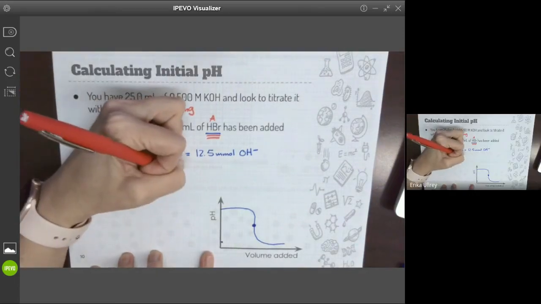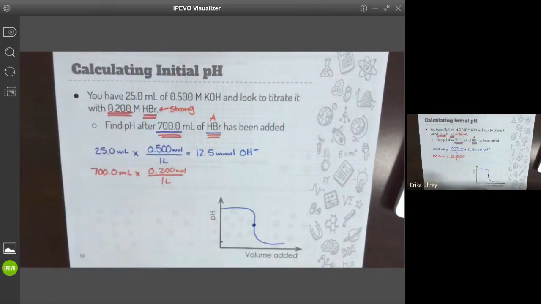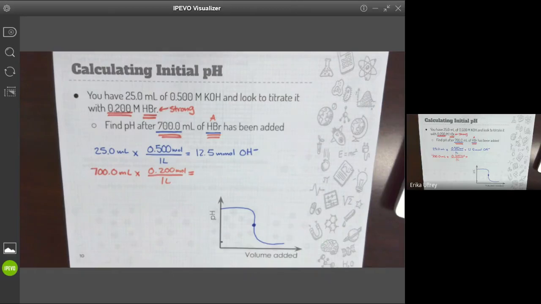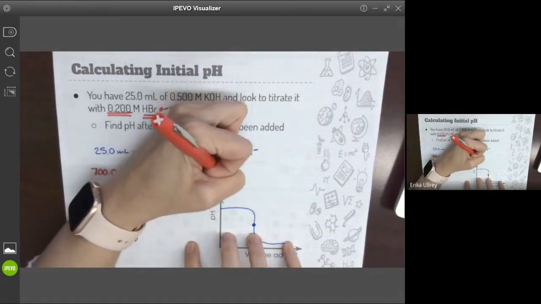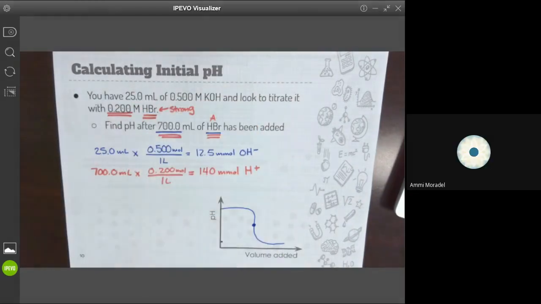And when we multiply that, 700 times 0.2 is going to give us 140 millimoles of H+. Okay?